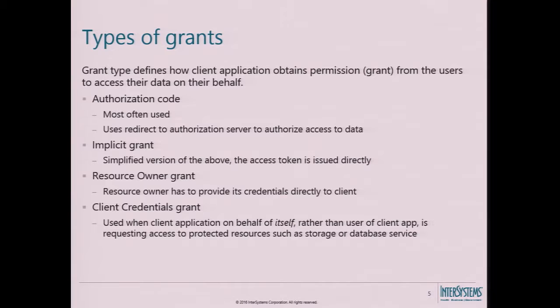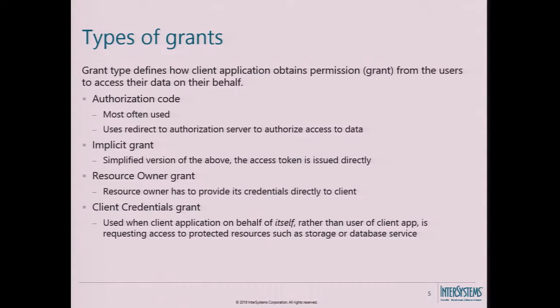There are implicit grants as well, which are a simplified version of the authorization code grant. The access token is not issued through communication with you via a consent form, but it's issued directly.